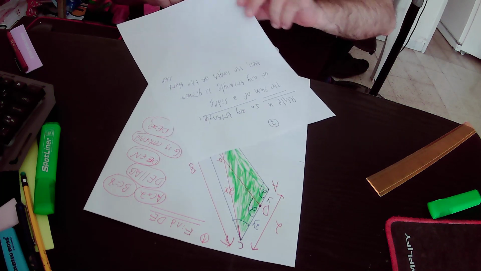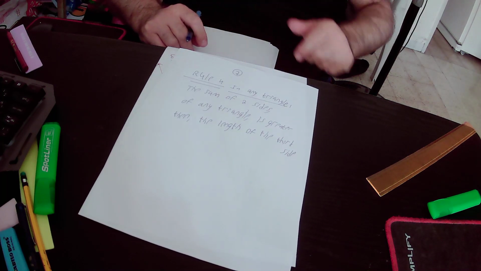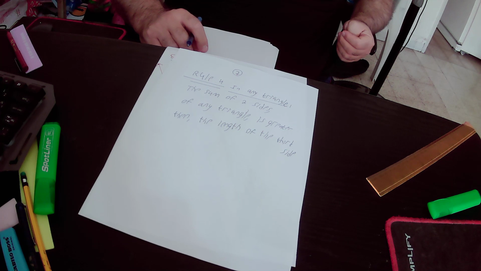I will read the rule again. Actually, it is the first part of rule number 4. The first part of rule number 4 states that the sum of two sides of any triangle is always greater than the length of the third side.